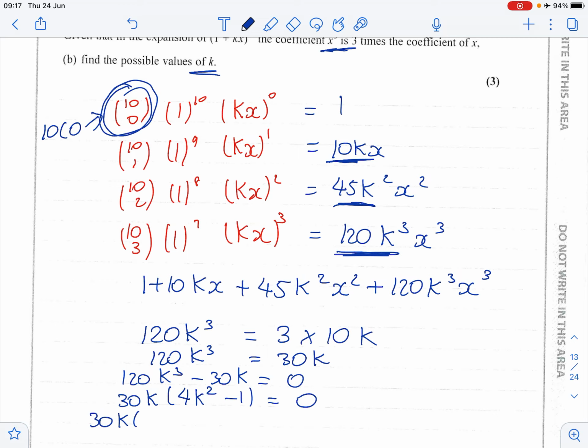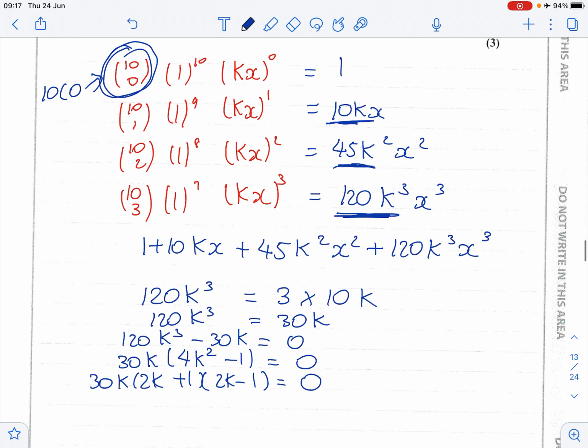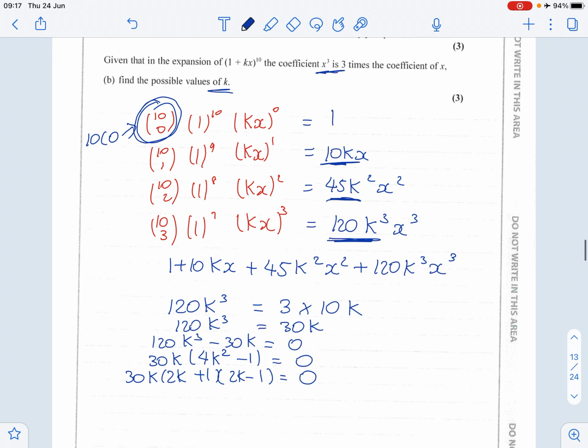We can factorize again. So we got our solutions, which is k equals 0, k equals minus a half, or k equals a half.